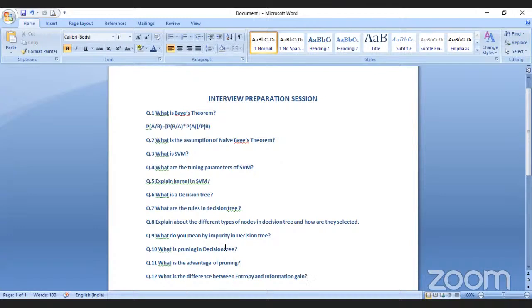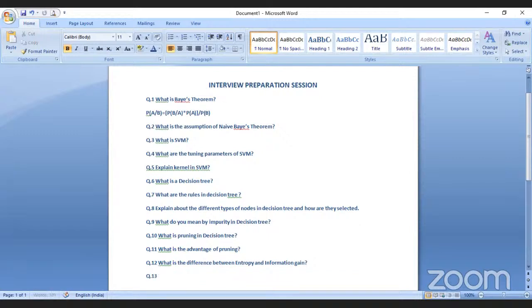So entropy is the measurement of the uncertainty, and with the gain we reduce the uncertainty. So that was the difference between entropy and information gain.